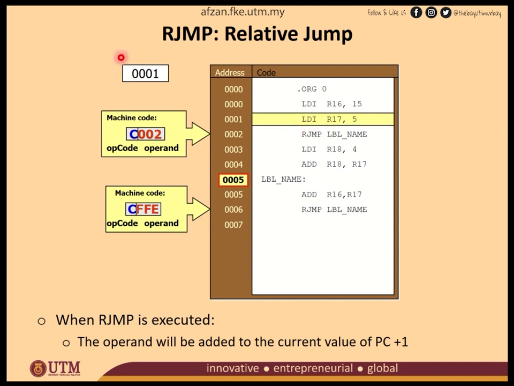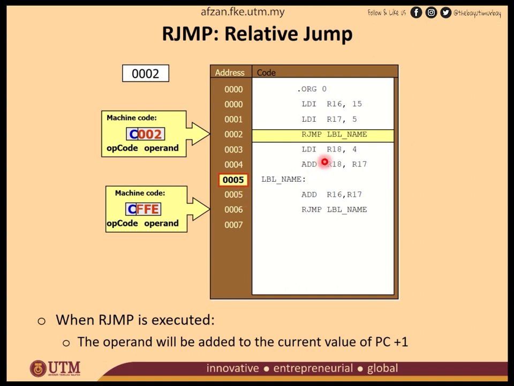This is your program counter. Currently you execute this instruction here. Then the program counter is increased by 1, and now the next instruction to execute is RJMP label name, in which your label name is located at this address.